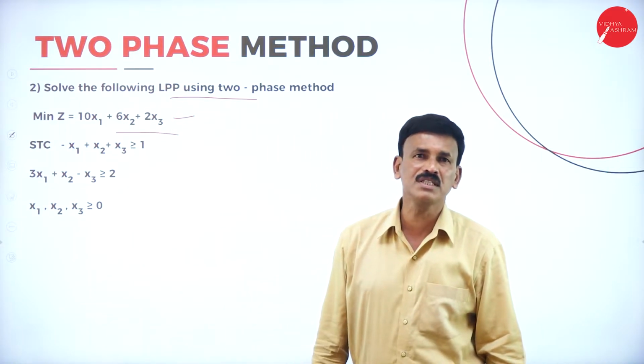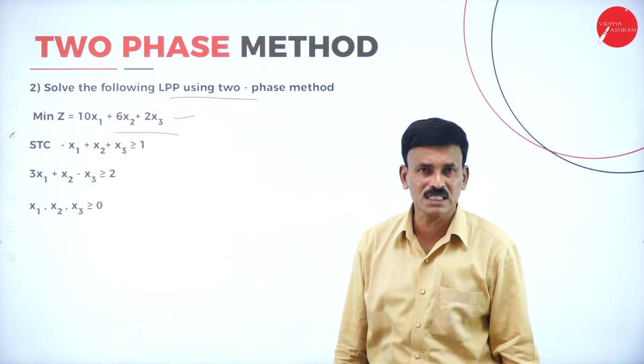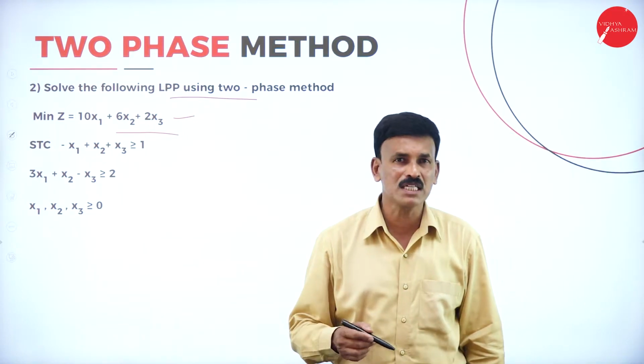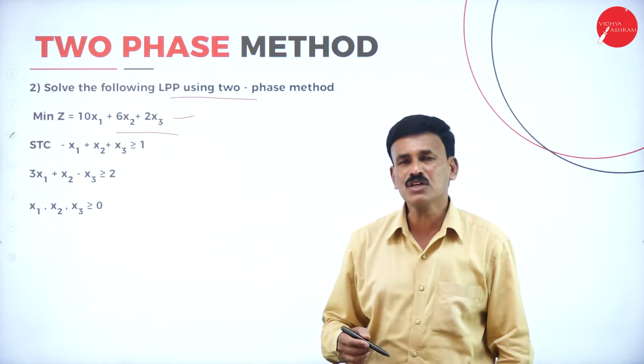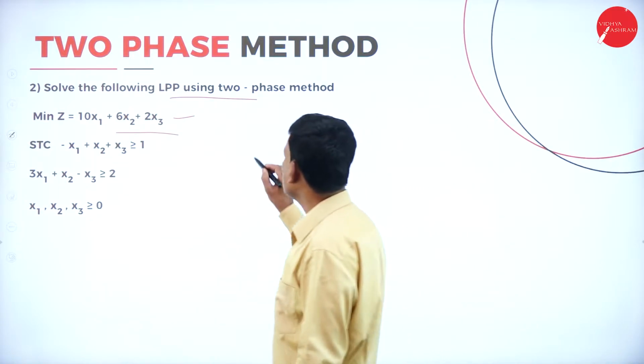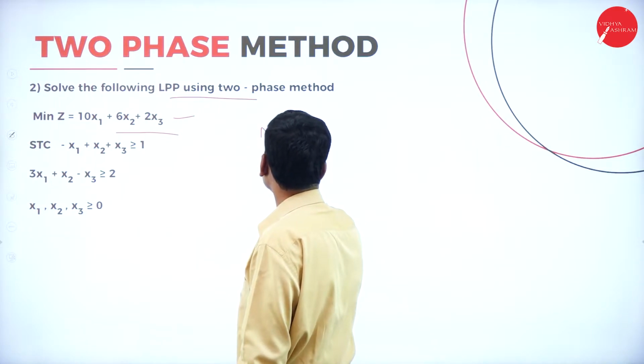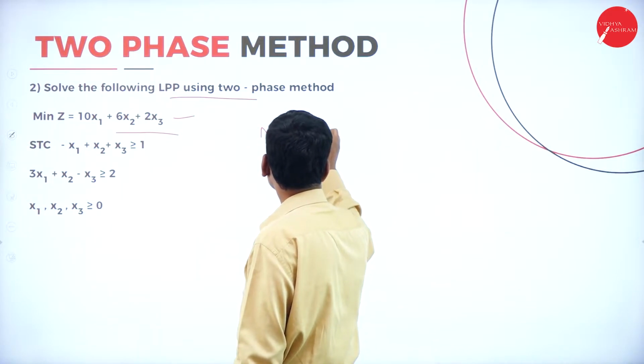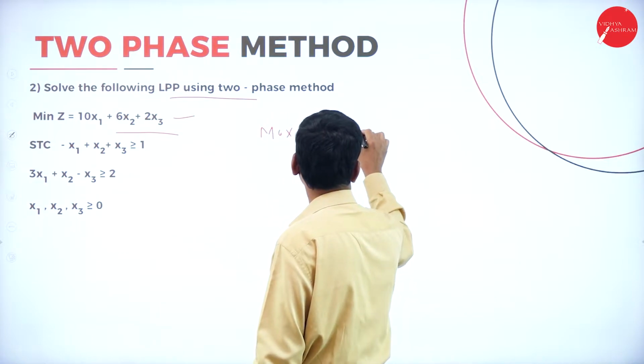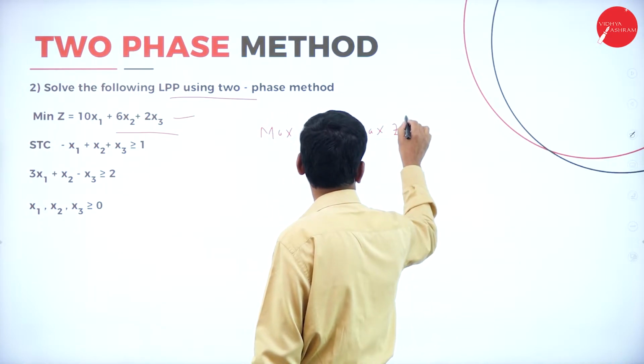Now we have to convert this minimization problem into a maximization problem by multiplying all the coefficients by the negative sign. Convert this minimization into max z, which we can write as z bar or max z star.